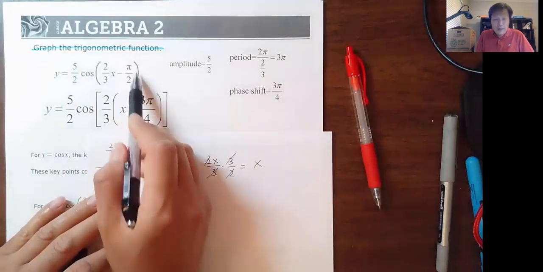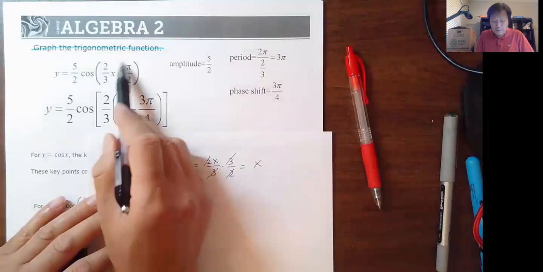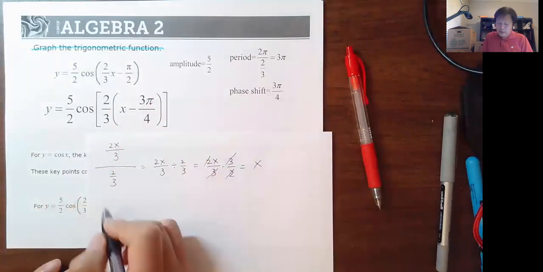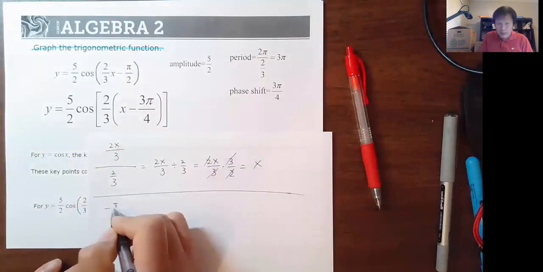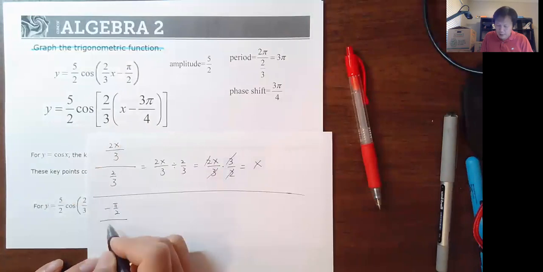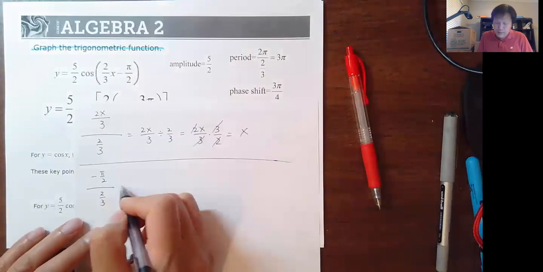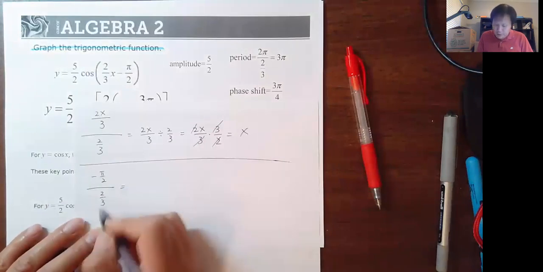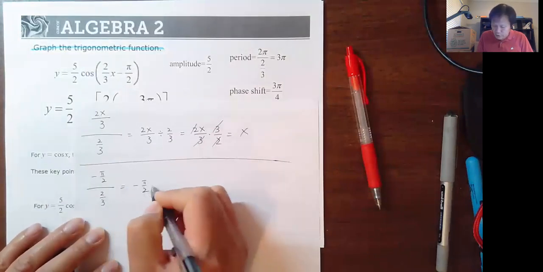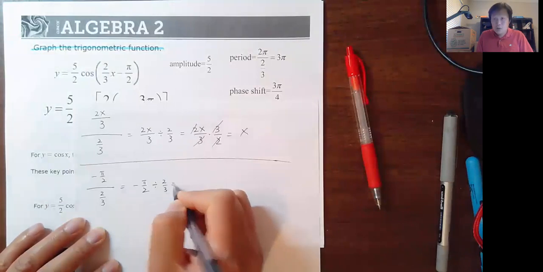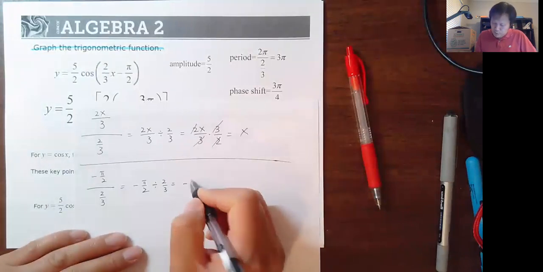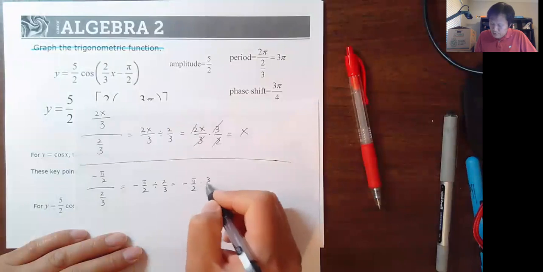Now, minus pi half, you're factoring 2/3 out from there. So that's exactly the same as minus pi half divided by 2/3, which is the same as numerator multiplied by the reciprocal.